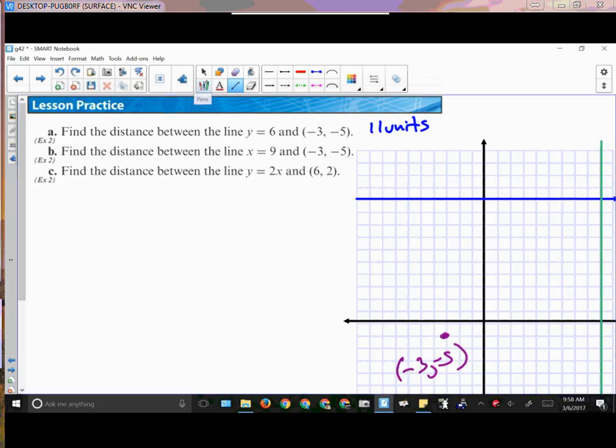How far away is this one going to be? Well, you should have it down on your paper, don't you? Anna? Oh, okay. How far is the point away from this line? 14. You sure?